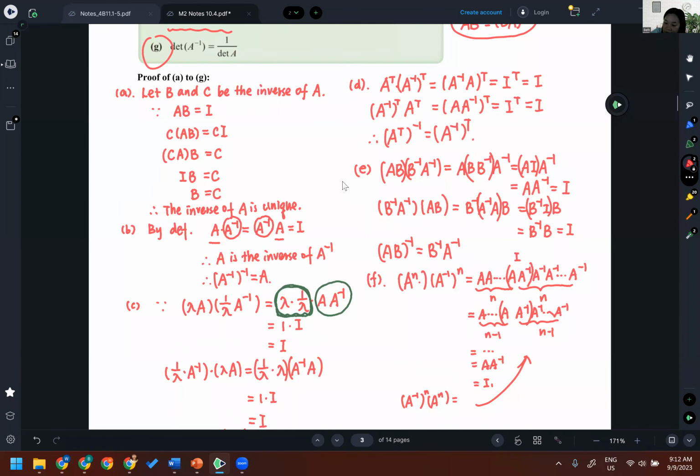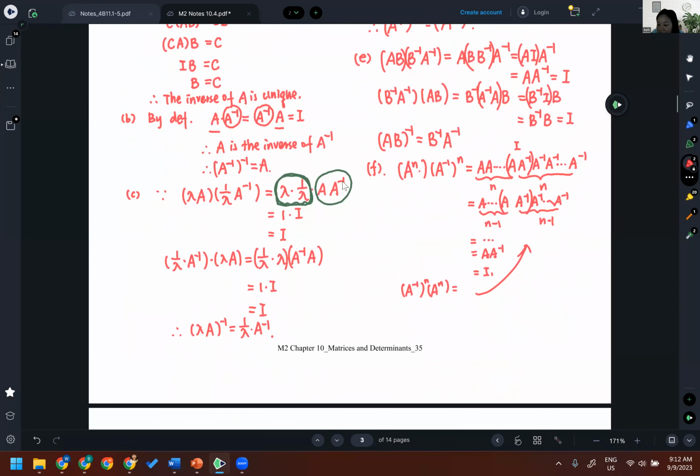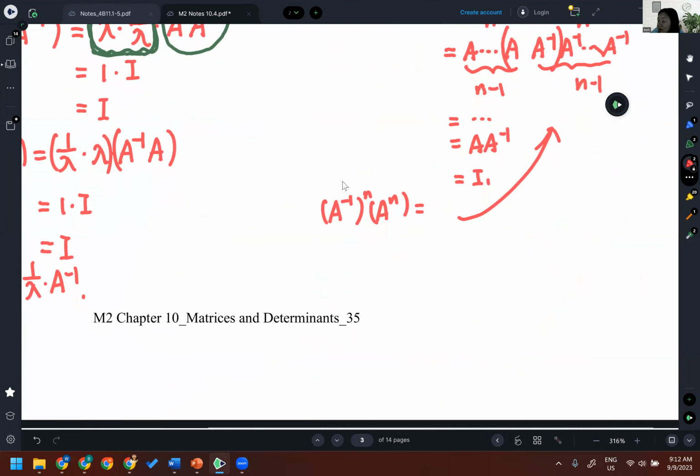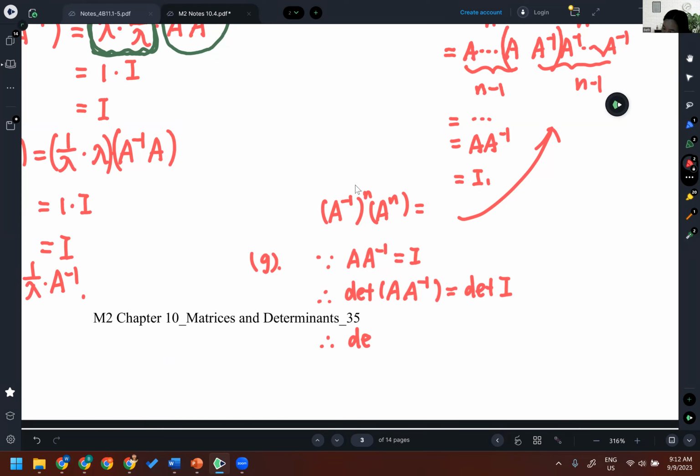The last one is the determinant. So determinant of A inverse and A, they are supposed to be reciprocal of each other, also called the inverse of numbers. This is true because we know A times A inverse equal I. And we also know determinant of A times A inverse equal determinant of I. We also know that determinant of A times determinant of A inverse equal 1.